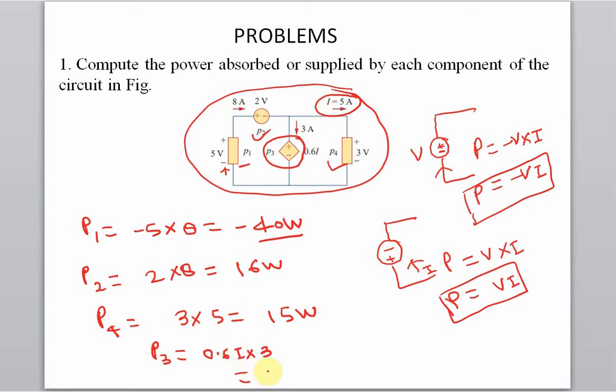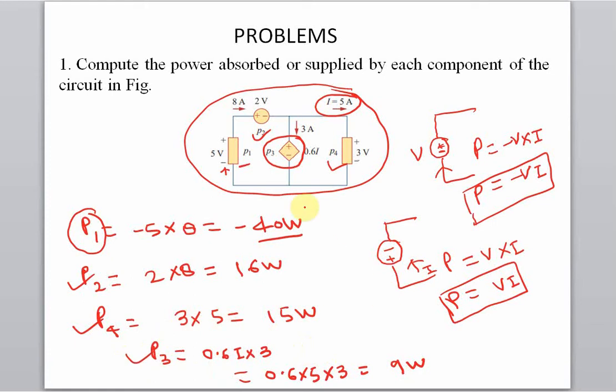Let's write it here, 0.6 into 5 multiplied by 3, this will be 9 watt. So we have the power delivering element P1, and the absorbing elements are P2, P4 and P3.